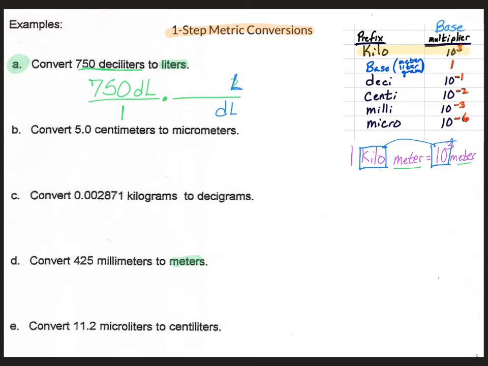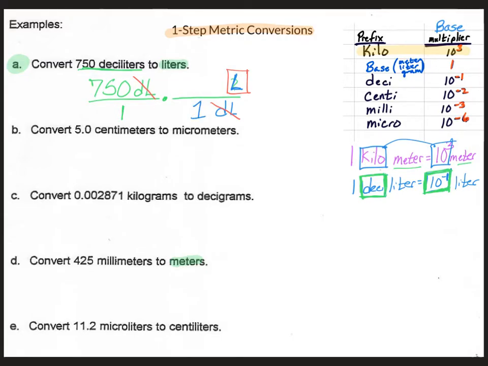Now in the problem that we're looking at, we have deciliters and liters. So again, we're going to write 1 deciliter is equal to 10 to the minus 1 liters. So we have deciliters on the bottom because it lined up. We wanted to make sure that those canceled out, and we're left with liters on the top. What goes with the deci is the 1 because all of the prefixes get a 1.